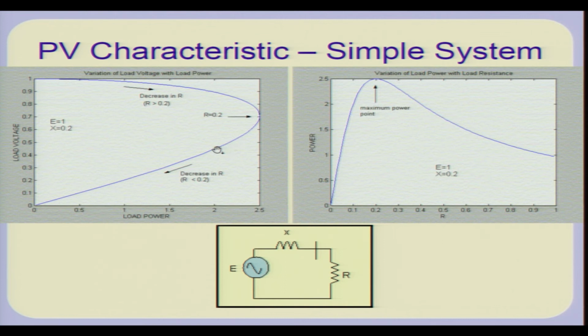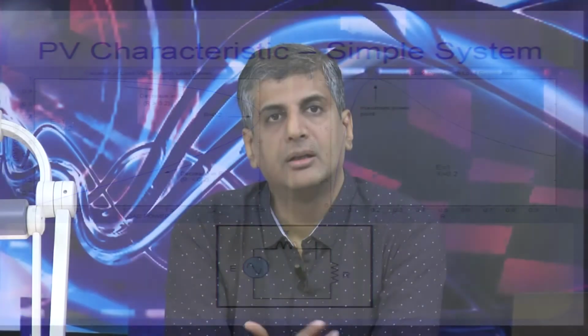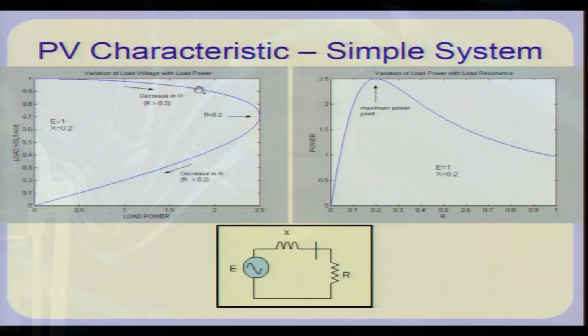Now, if you have got a controller, and it believes you are in this region, and it is given a command saying, I want more power, so please decrease R, and it assumes you are here, then what action will it take?